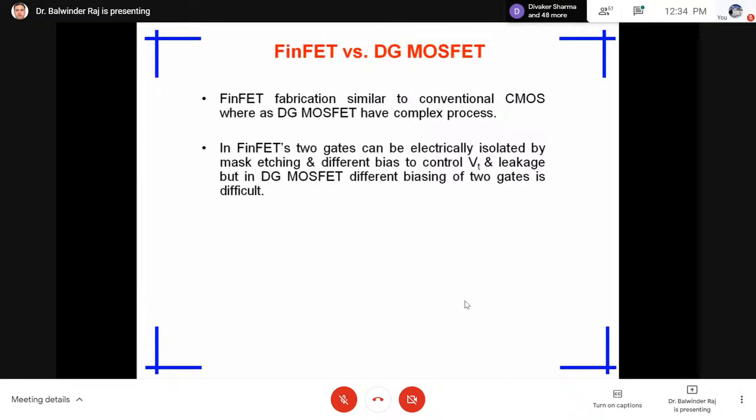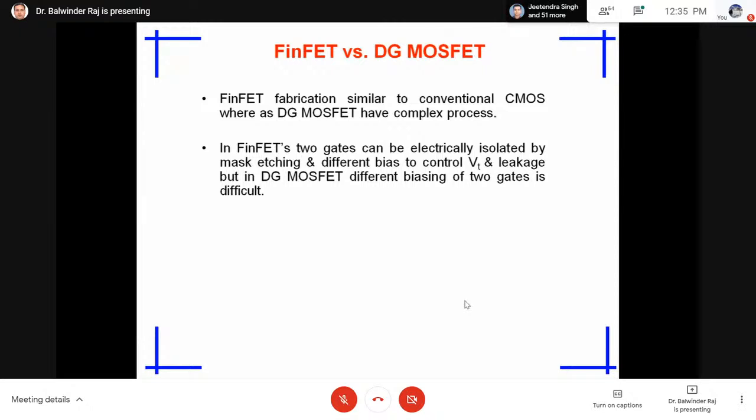Actually, FinFET versus double gate MOSFET, although both are new technologies, the FinFET is highly suitable as its fabrication is also comparable with the conventional MOSFET technology. We need not change our whole fabrication flow, but with the conventional available resources, we can fabricate the FinFET. But for the double gate, fabrication complexity increases because it's planar in nature.